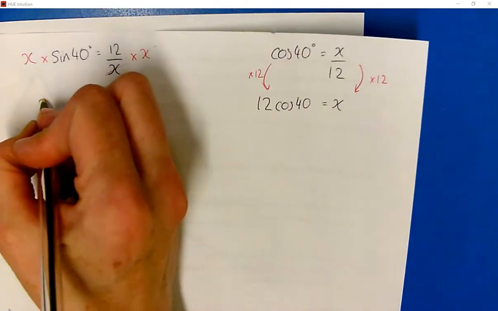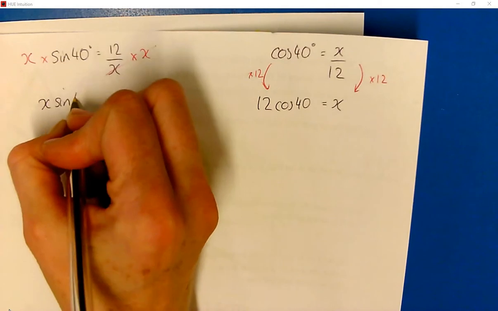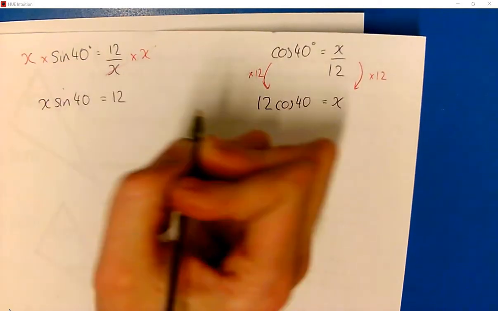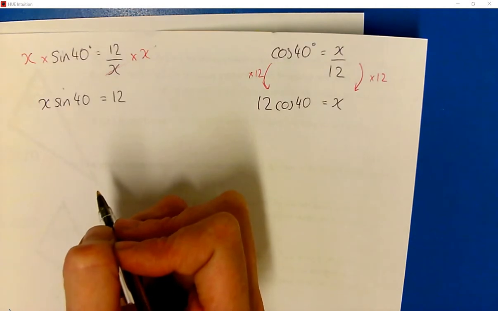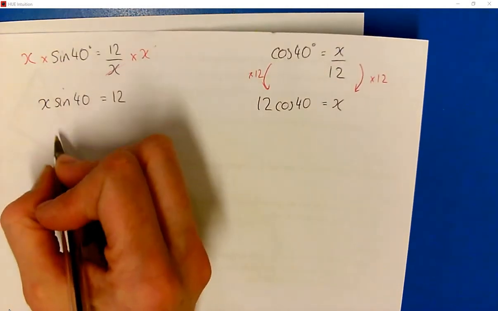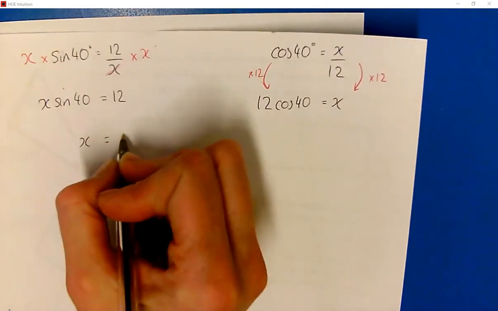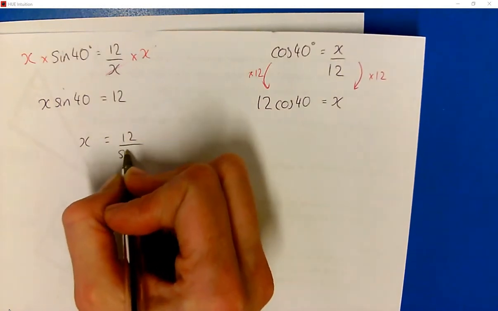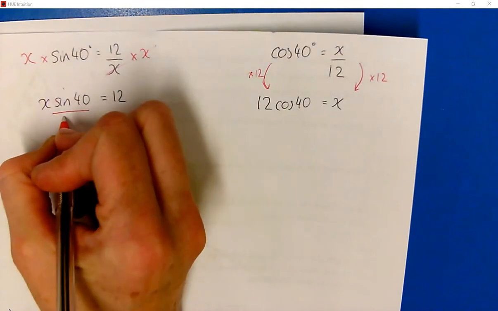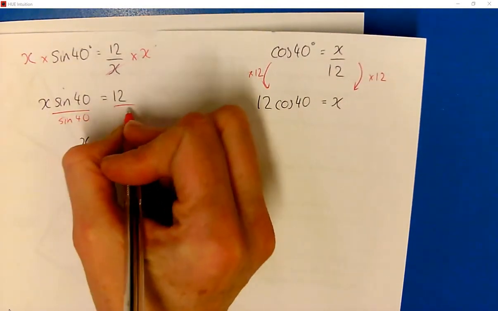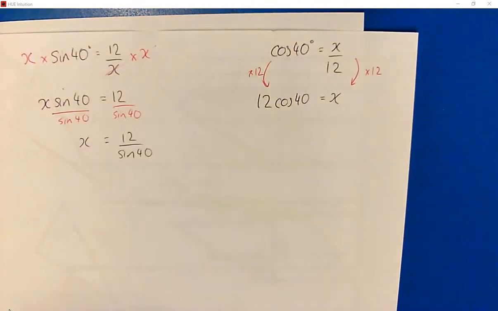So we're left with x sine 40 is equal to 12. Now we haven't quite got x on its own yet, so we're going to divide both sides by sine 40, and that will give us x is 12 over sine 40. So we're dividing by sine 40 on both sides. Okay?